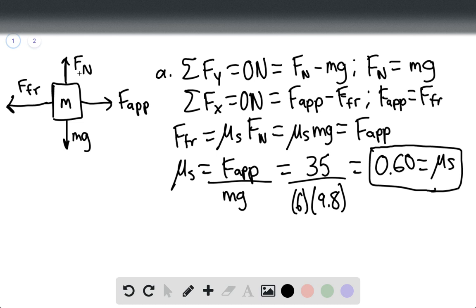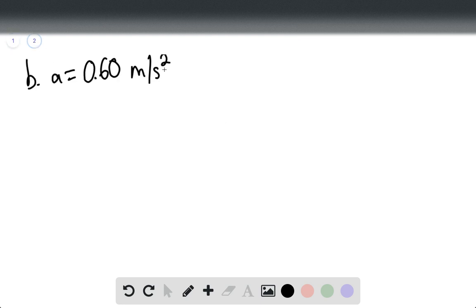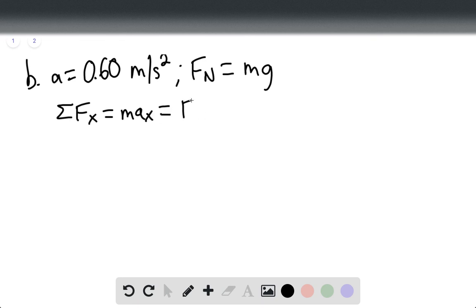In the y direction, however, nothing has changed. So we don't have to do it all over in the y direction. We can simply say that the force normal still equals mg. And then at that point, we can just say sigma F in the x direction equals m a in the x direction, and this will equal force applied minus force of friction, and we know force of friction is going to be mu k mg instead of mu s, the coefficient of static friction.